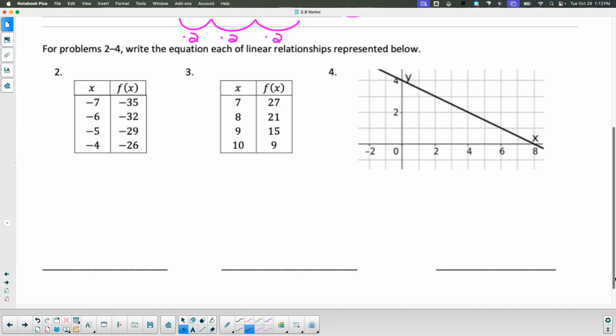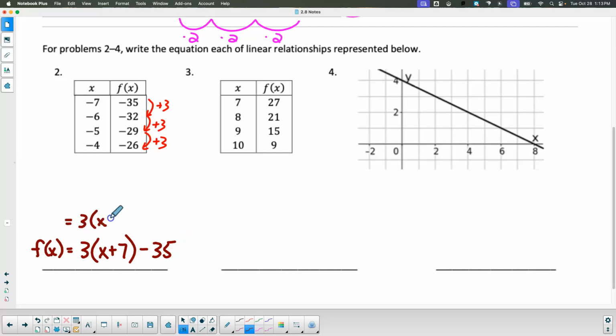Linear relationship for the problem below. So f of x here would equal, my rate of change here is plus 3. So that would be 3 times the quantity x minus negative 7. So that would be plus 7, then minus 35. Or 3 times x plus 6 minus 32.